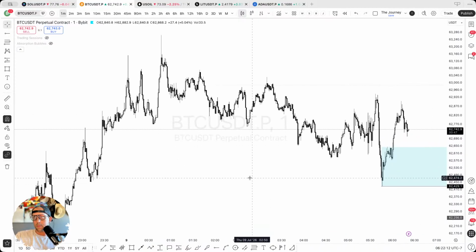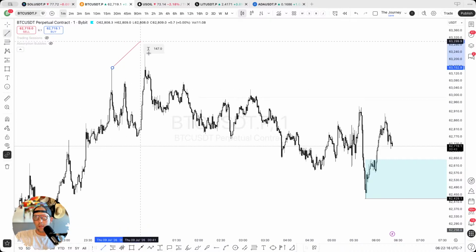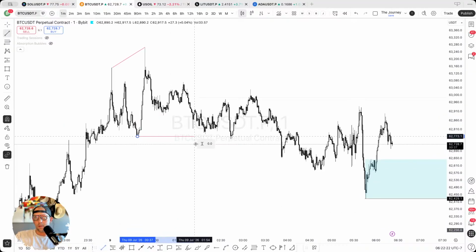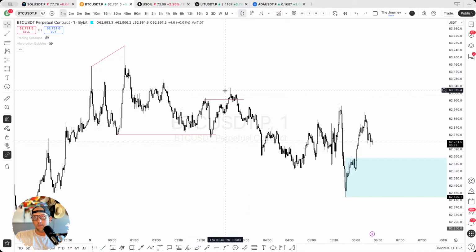The structure's holding pretty good. We see these highs clip, aka they SFP, and we see our initial low is here. It comes up, attempts to break, fails that high, deviates, takes out the low.